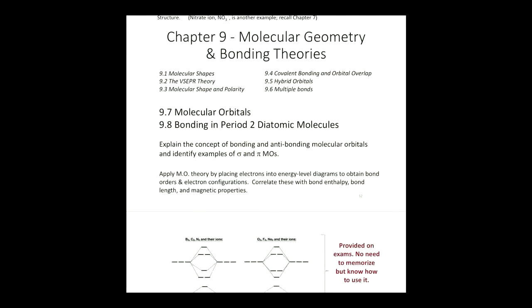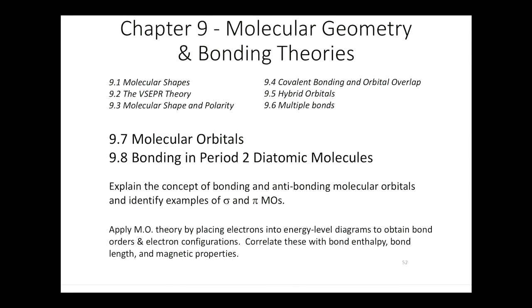So this next part of the chapter is the hardest theory, the most advanced theory. Back in chapter 6, we treated electrons as dots, particles. We then thought of electrons as existing in orbits, the Bohr model, and then orbitals. And then we went to what?